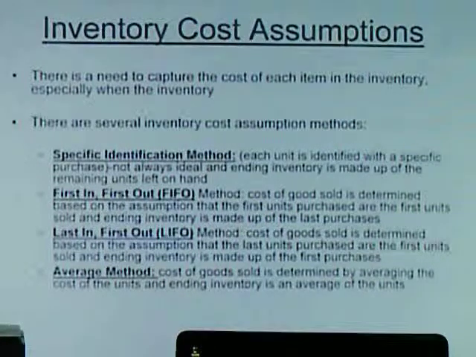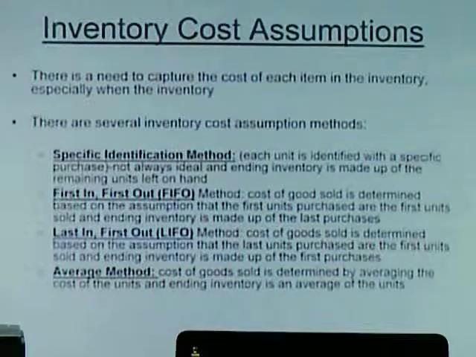We're going to do the specific identification method, which is to identify each unit with a specific purchase. Not always ideal. An ending inventory is made up of the remaining units left on hand. Specific identification should be for specialty item stores where items are unique and only one of a kind. This method does not work for many other locations.